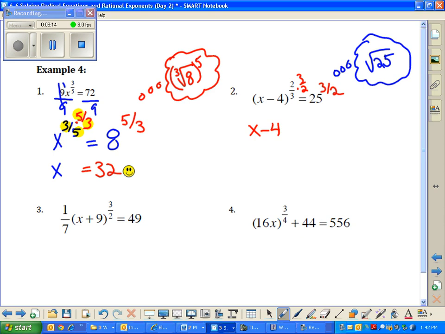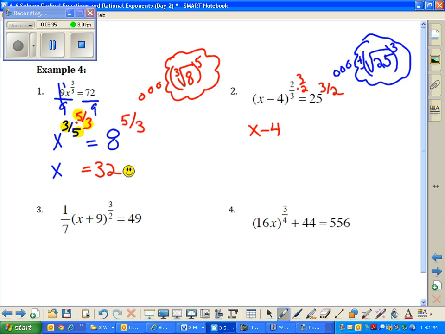If you square root both sides, what do I need to think about? Yeah, plus or minus. Very good. So you want to keep that in the back of your mind. When I square root both sides, I need the plus or minus symbol.